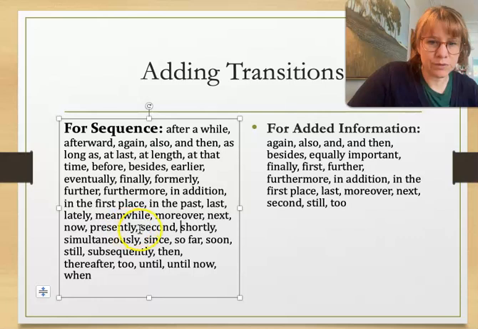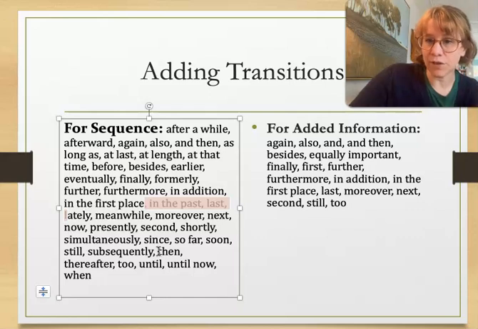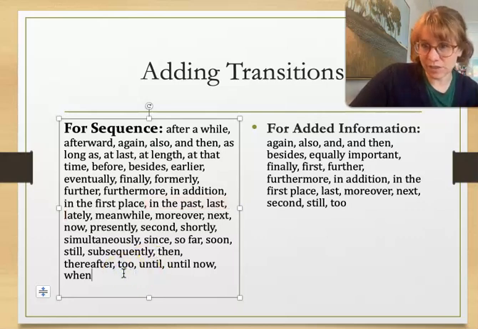You might use in the first place, in the last place, or lastly. So you might talk about sequence, right? So first, second, third, or first and last, or first and next, and then. So all of those kind of words help us build off of each other.